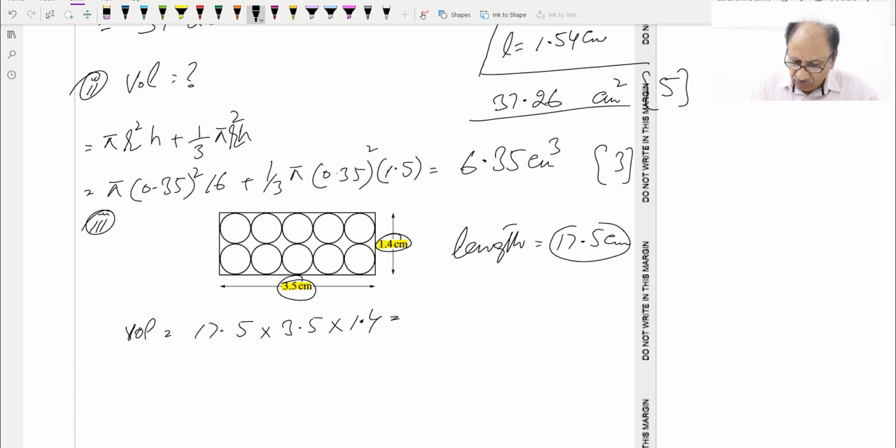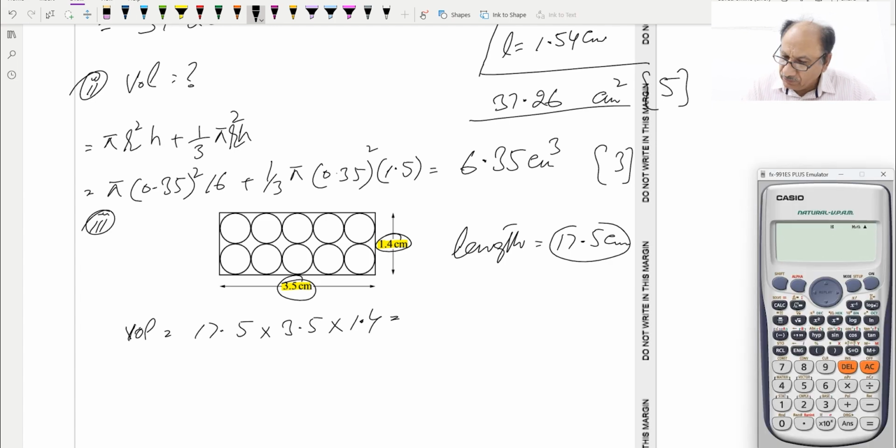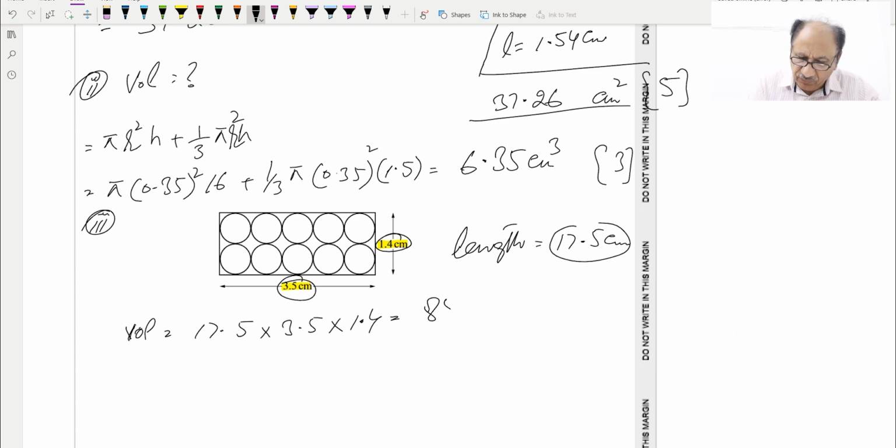This will be the total volume, and we can calculate this: 17.5 into 3.5 multiplied by 1.4 is equal to 85.75 centimeter cube.